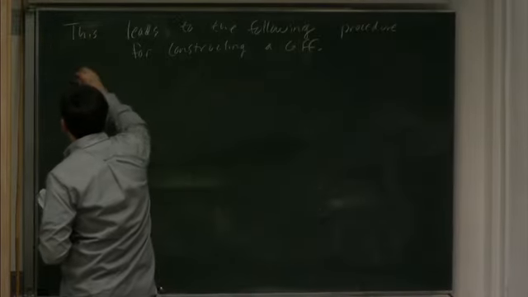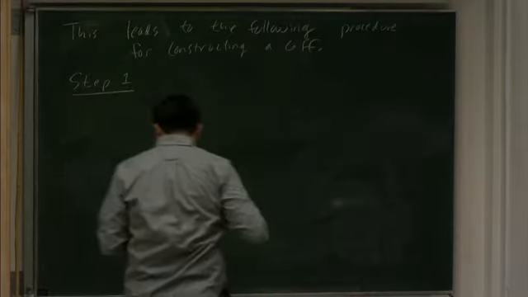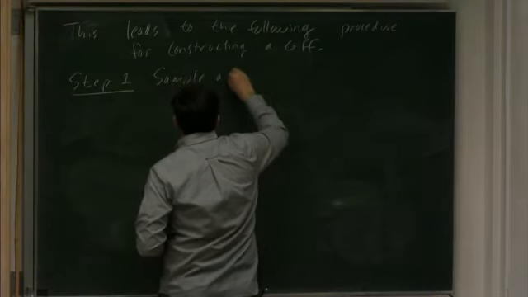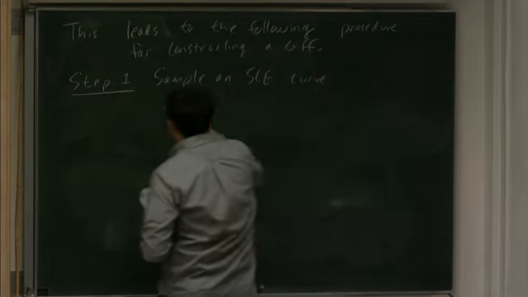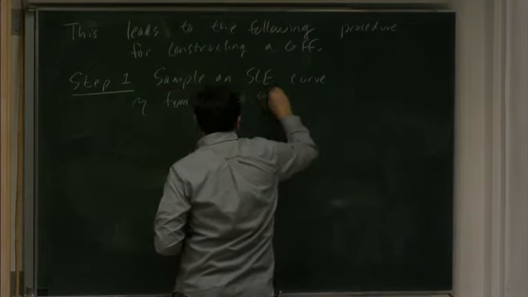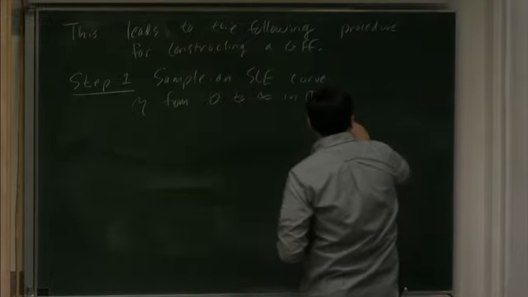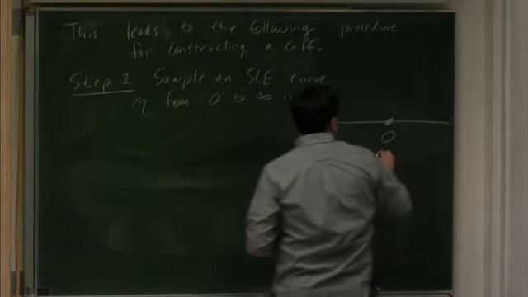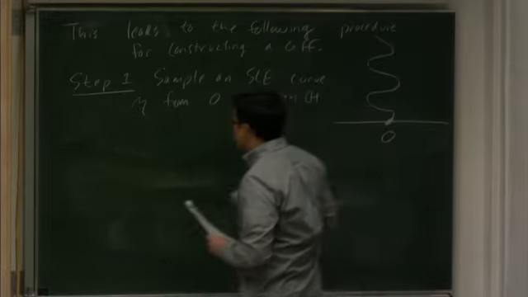The first step is we're going to sample an SLE curve, let's say eta, and it's going to go from 0 to infinity in the upper half plane. So let me draw a picture over here. So we have the upper half plane. This is the origin. And the first thing I'm going to do is draw this SLE curve, like that.